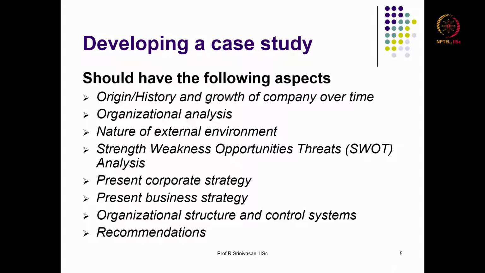So, these are the types of things which one should have with respect to the company. Now, on the SWOT list, I want you to go to my book on case studies. I am reading from that book. The table 1 on page 3 gives you a SWOT checklist. What does it tell with respect to the company? Internal strengths. So many questions are asked. Does the company have many product lines?